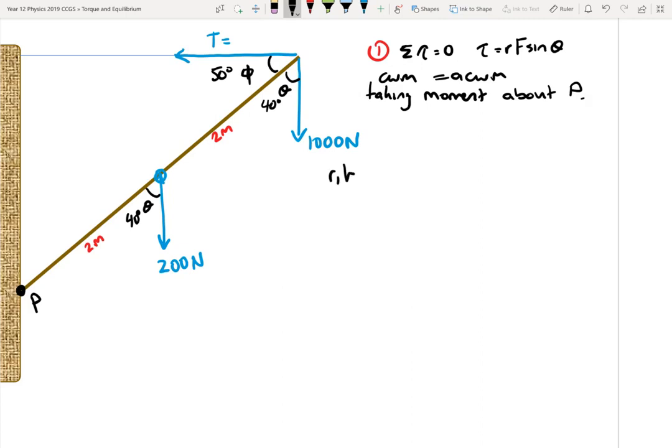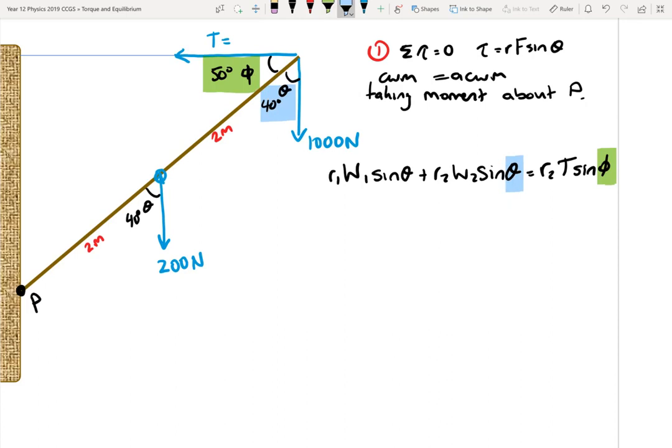R1 weight 1 sine theta, plus R2 weight 2 sine theta, equals R2 T sine phi. Okay? So, again, lots of students in this kind of scenario use one angle for both. So you just have to be careful that you're using sine 40 and sine 50 in the appropriate areas.